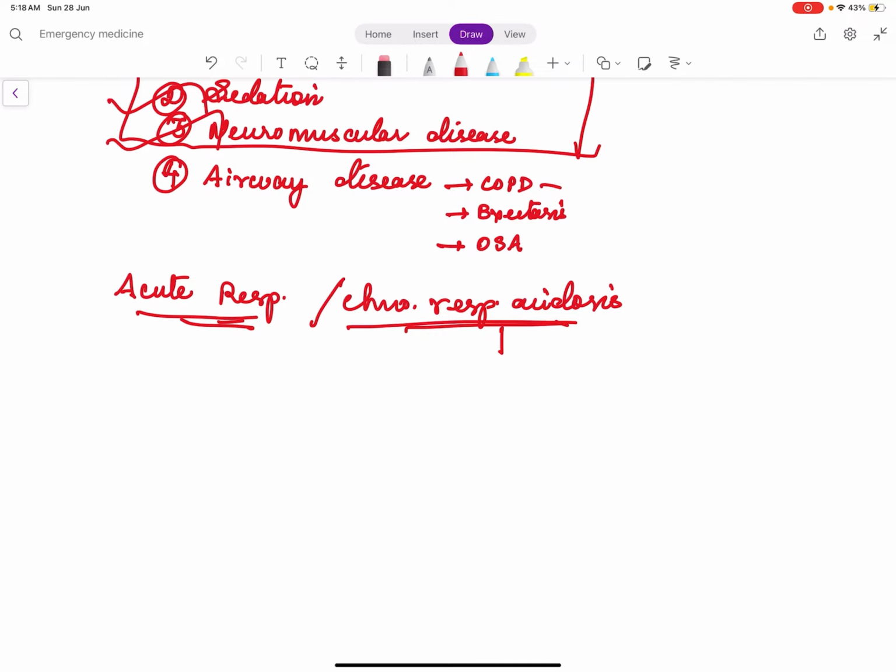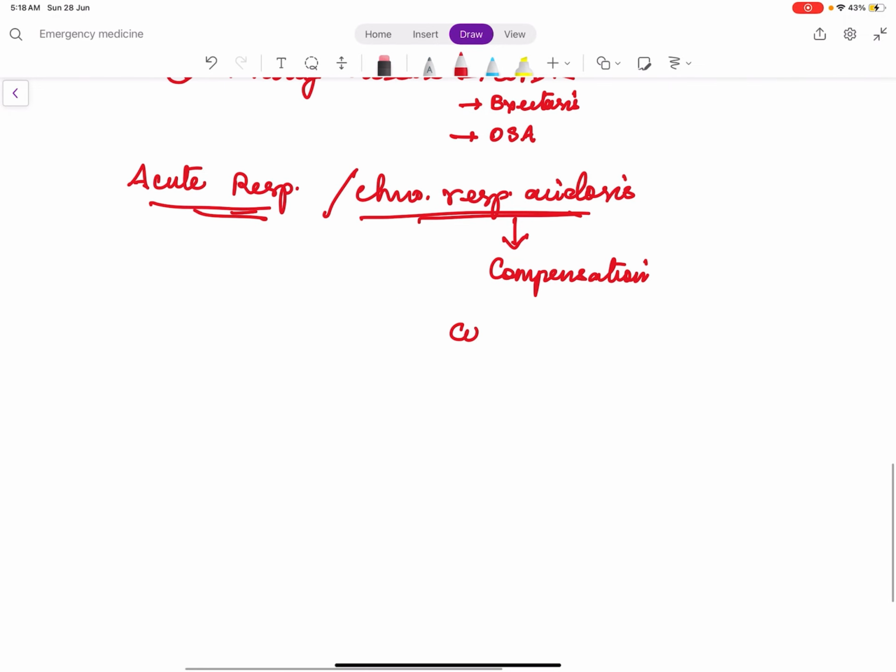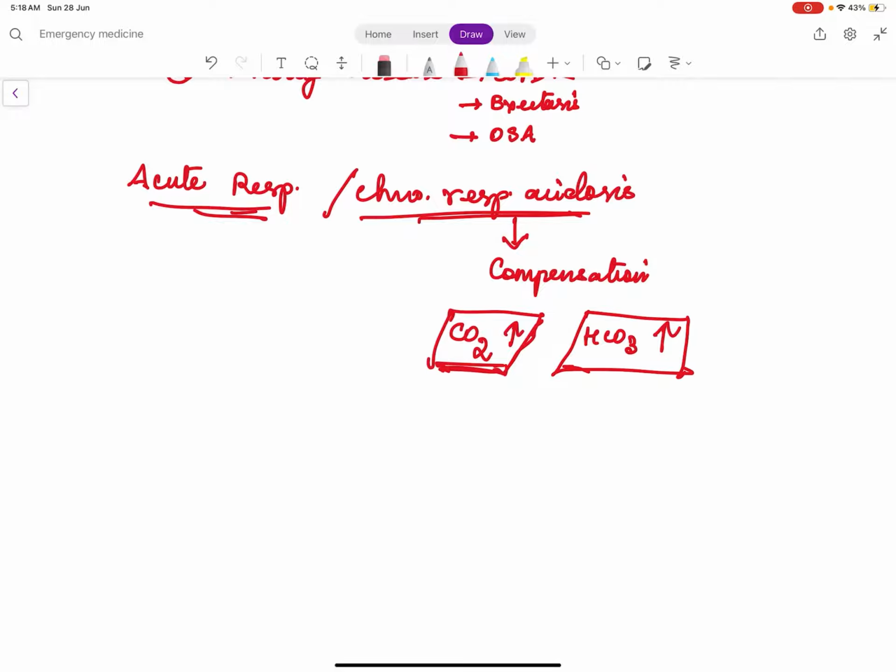One simple practical tip is, when things become chronic, compensation occurs. And if you remember from our previous class, when CO2 increases, compensation occurs by the same direction rule, by increasing the bicarbonate. So when CO2 elevation becomes chronic, bicarbonate also increases.